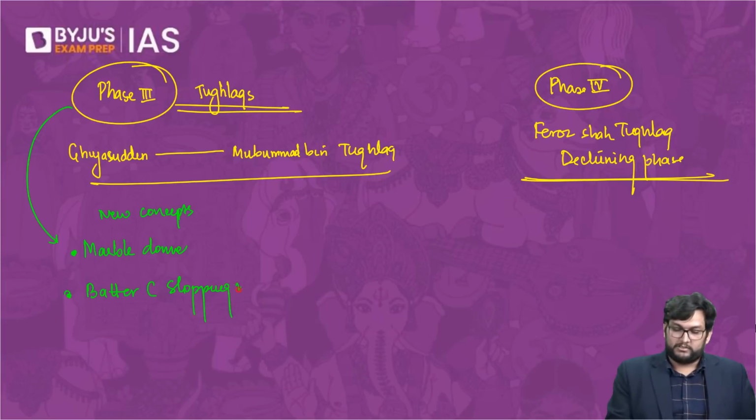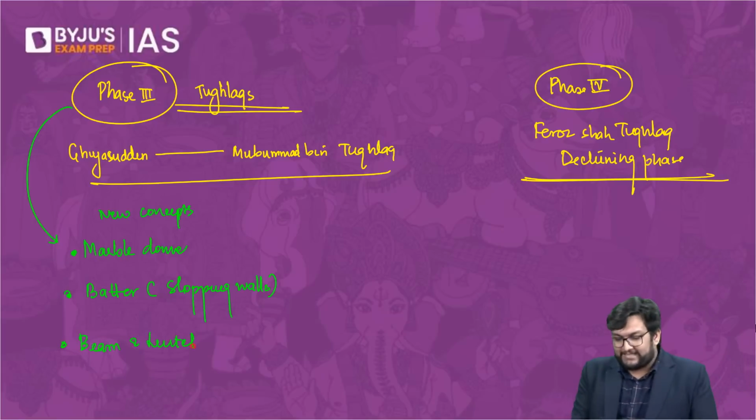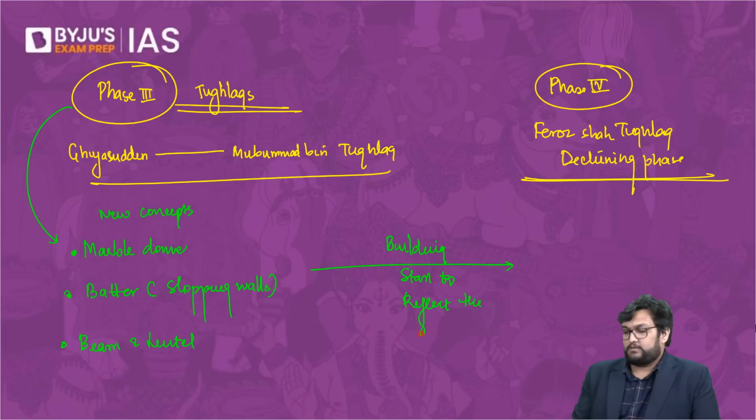And there is also the concept of beam and lintel, which is introduced. But by the time we come to Firoz Shah Tughlaq, buildings start to reflect the declining economic situation.